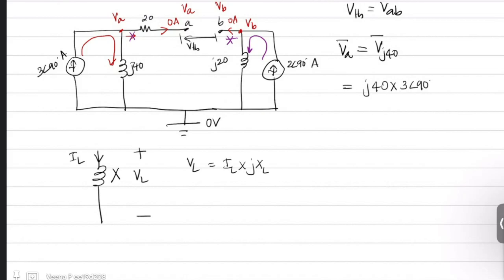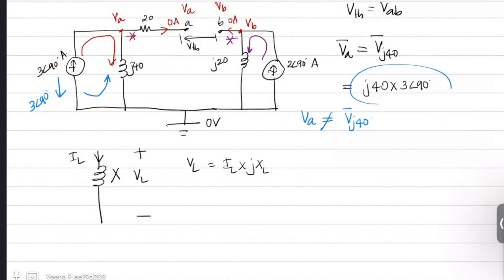The point which I am trying to make is, if your current was like this, 3 angle 90, that means this 3 angle 90 will go like this. In this case, in the blue case, your VA is not VJ40.